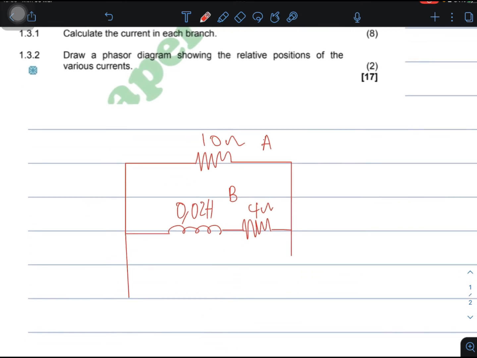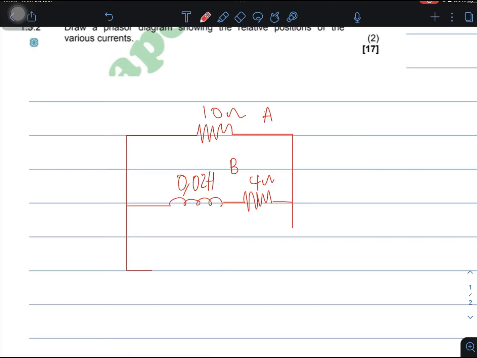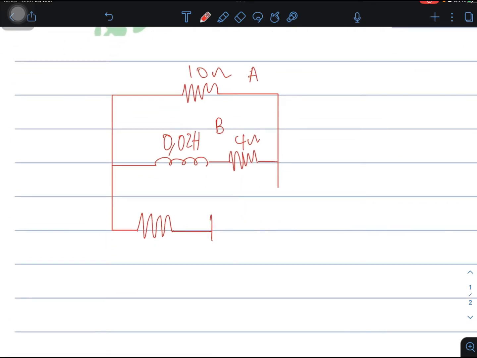Then we have a resistor that is in series with a capacitor. By the way, what we are doing is AC circuit calculations.